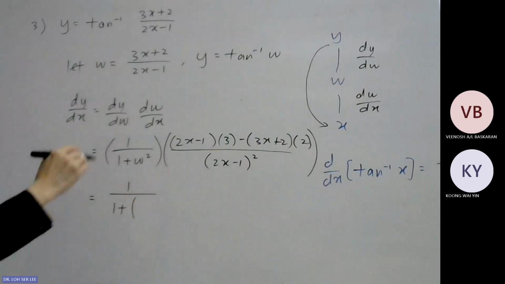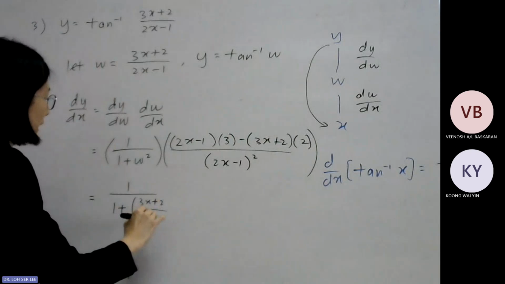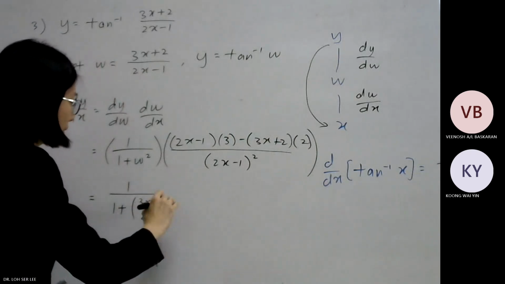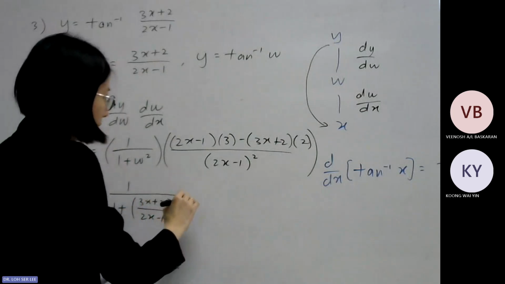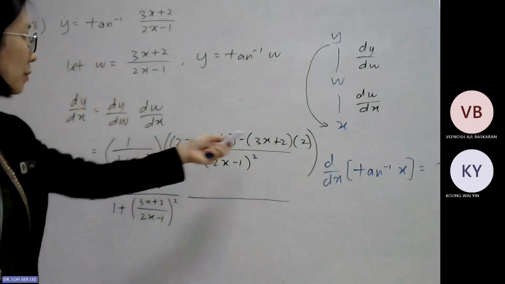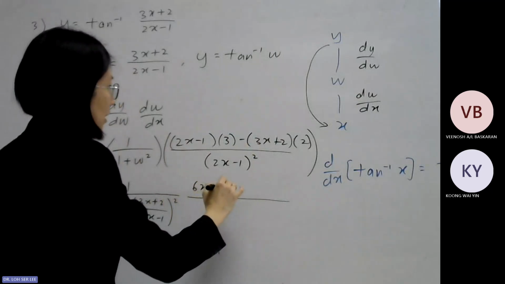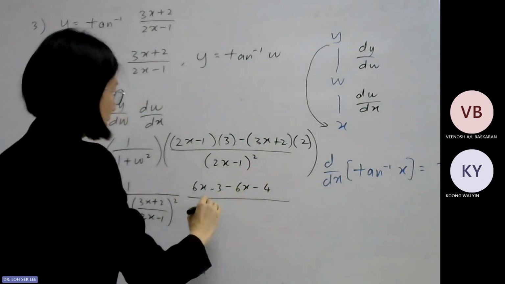Okay, your w is this one, 3x plus 2 over 2x minus 1, squared. Okay, simplify. 6x minus 3 minus 6x minus 4.